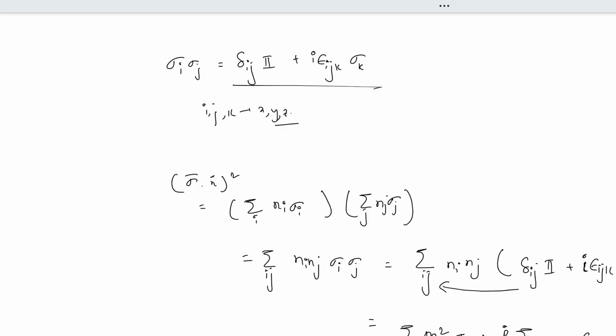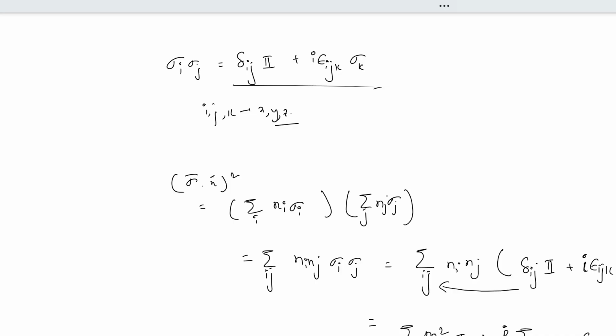But this part is antisymmetric in i j, as epsilon_ijk is not the same as epsilon_jik, because if you change the cyclic order, its value changes from plus 1 to minus 1.